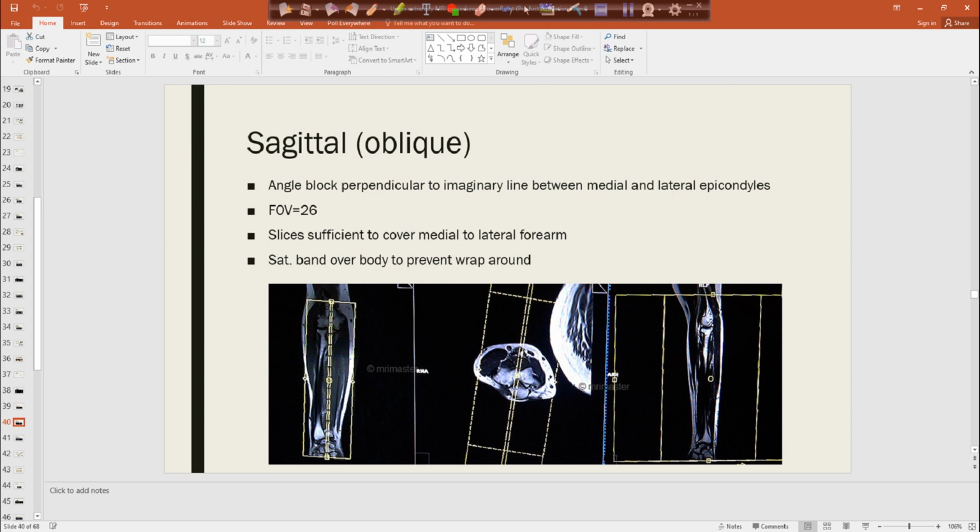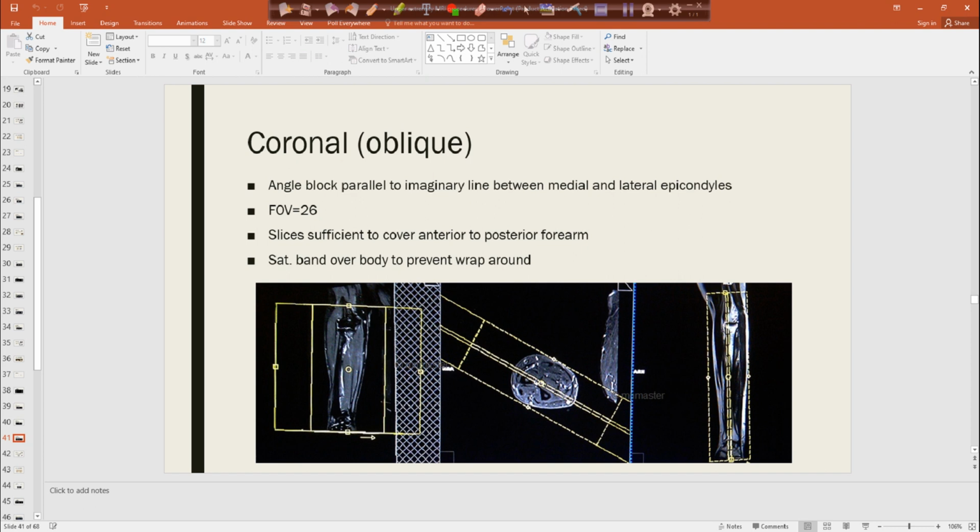Your sagittal, you could angle with the epicondyles. Or sometimes some people angle with the styloid process of the radius and the ulna. Here they're angling with the epicondyles again. Coronal, perpendicular to that, 90 degrees from that.